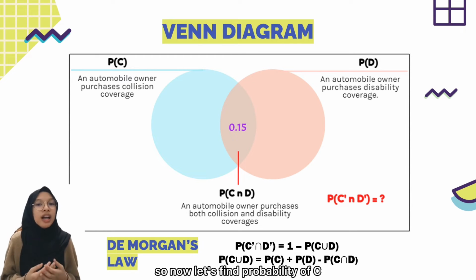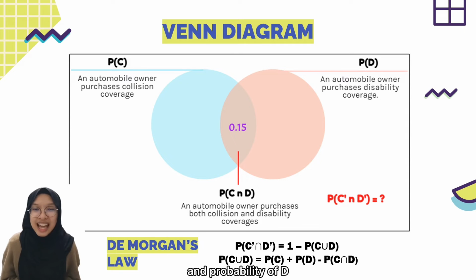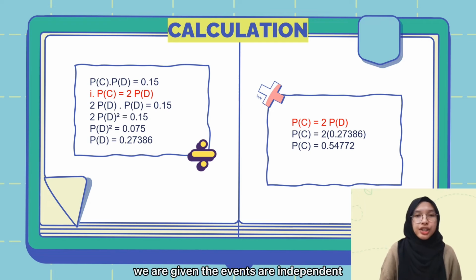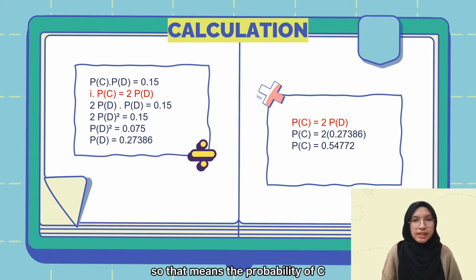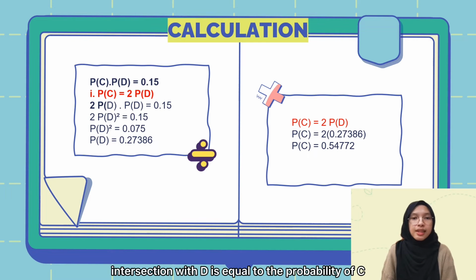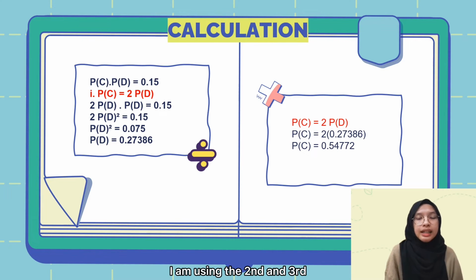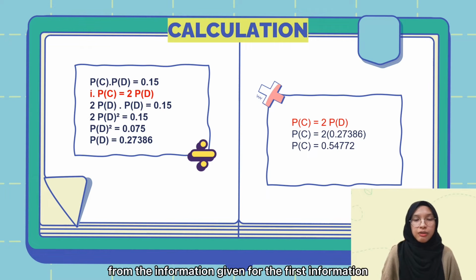So now let's find probability of C and probability of D. For the calculation, we are given the events are independent. So that means the probability of C intersection D is equal to the probability of C times probability of D, which is 0.15. I am using the second and third pieces of information given.